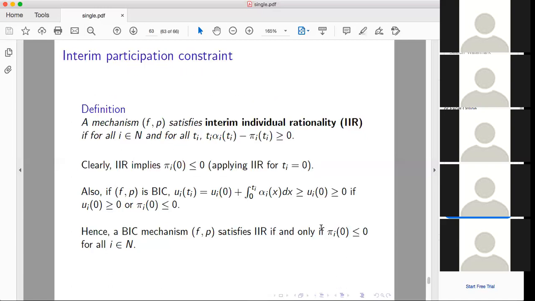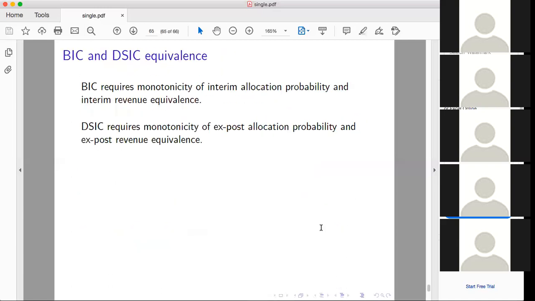So the BIC conditions are monotonicity of interim allocation probability and an interim revenue equivalence formula. DSIC is monotonicity of ex post allocation probability and an ex post revenue equivalence formula.